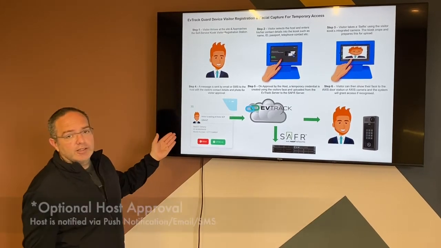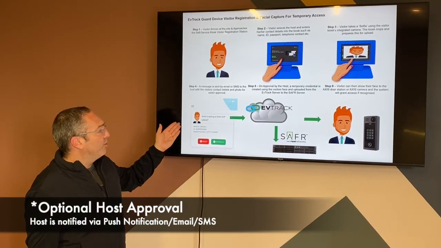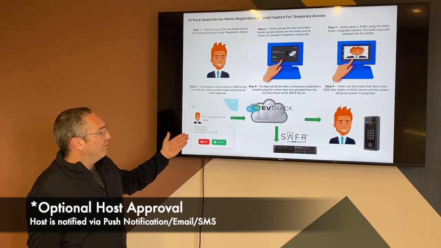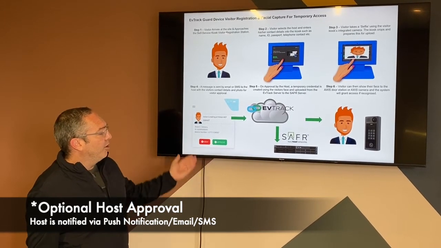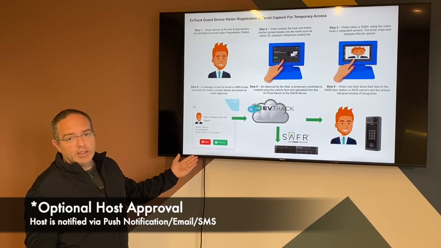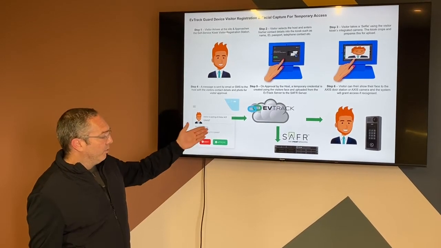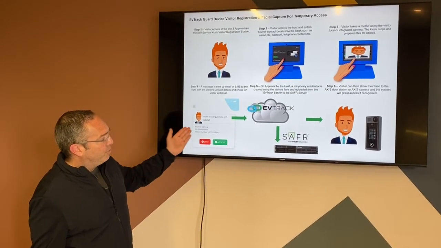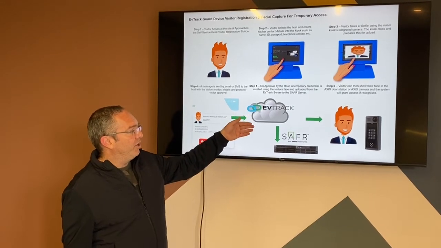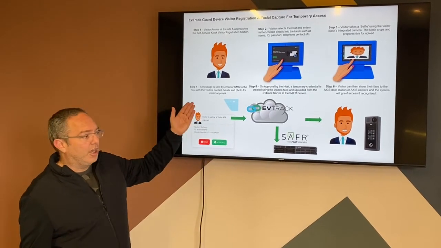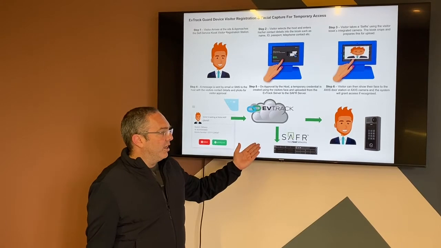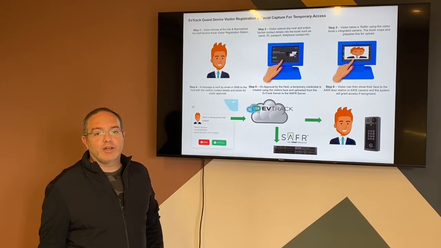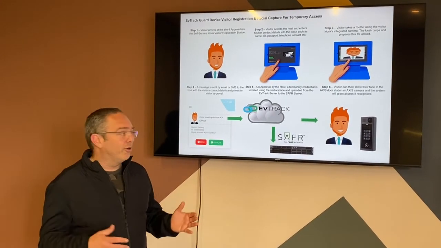A message is then sent through to the host with a photograph of the person and some of their details. The host can then approve or deny, and once this is approved, it gets pushed through to the EvTrack server, a credential is created, and the face is pushed onto the SAFR server, all ready to go.